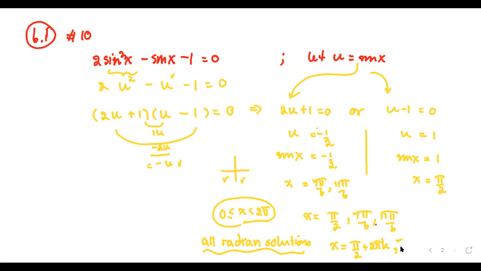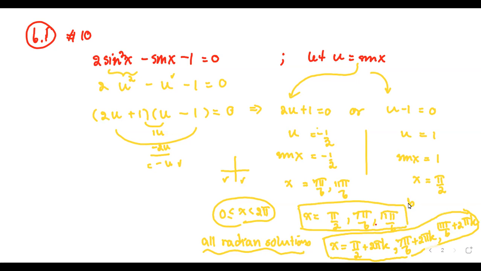The second solution is 7 pi over 6 plus 2 pi times k. And the last solution is 11 pi over 6 plus 2 pi times k, as the form of all radian solutions. And this will be the answer for part B, and this for part A.